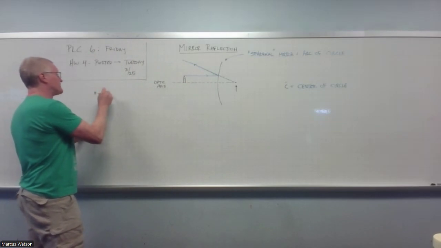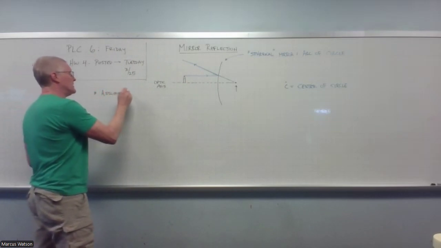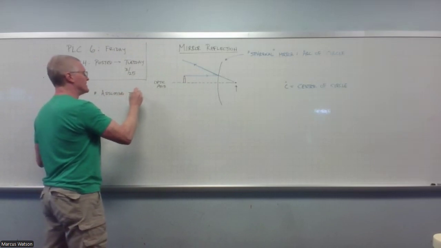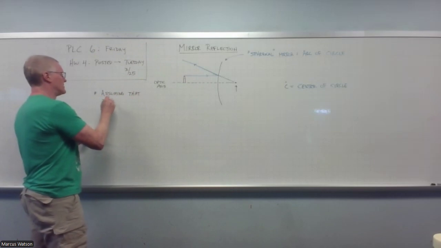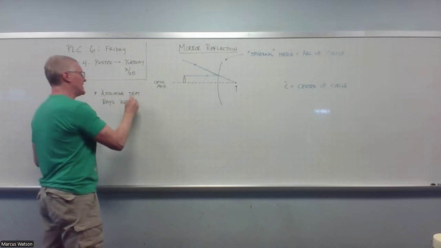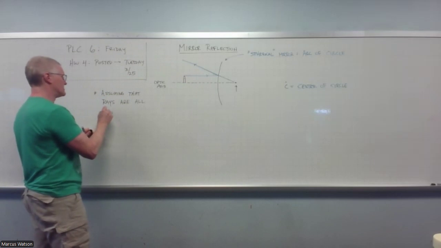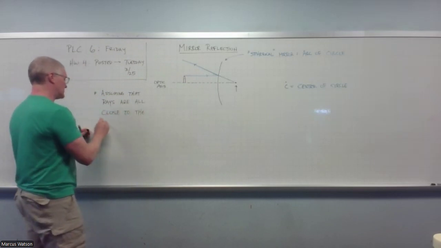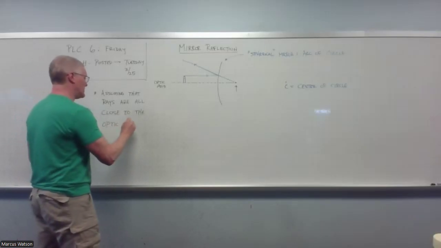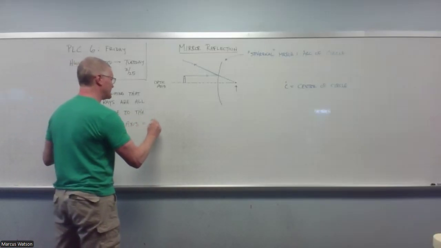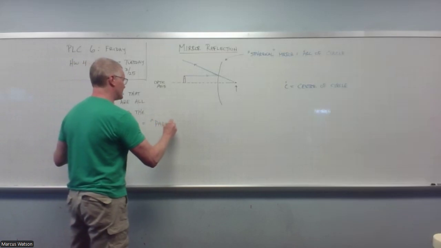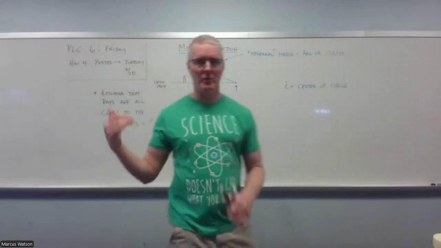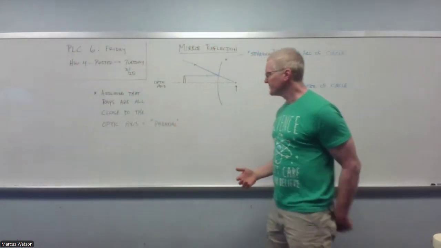We're assuming that rays are all pretty close to the axis. And this has a name, it's called the paraxial approximation. In other words, all of the rays are close to and parallel with the optic axis.